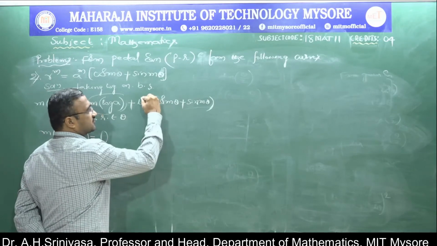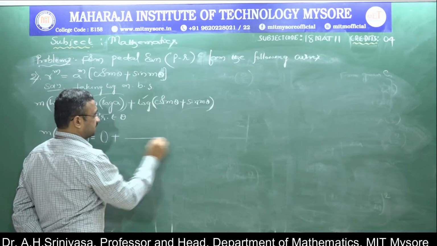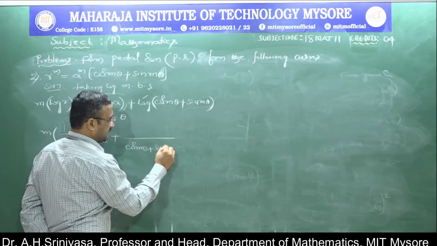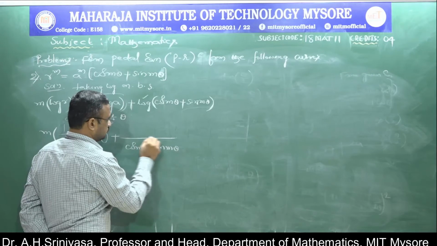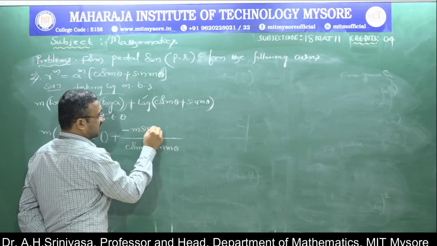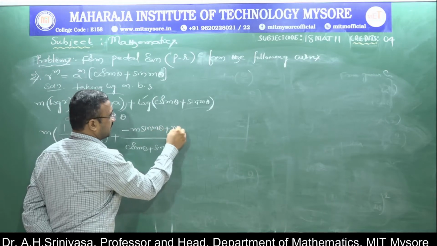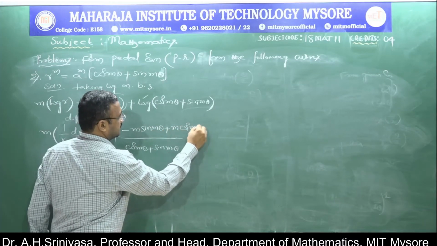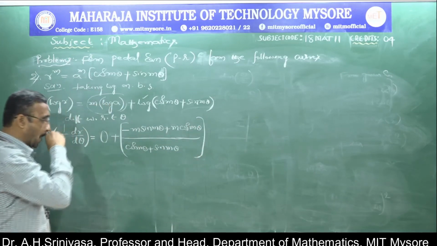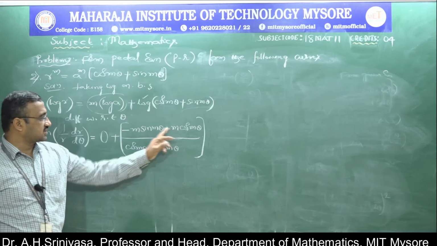Then the differentiation of the first function, plus, it is cos m theta plus sin m theta. Then inside the function, minus m sin m theta plus m cos m theta. Okay. Now take m as a common factor here.